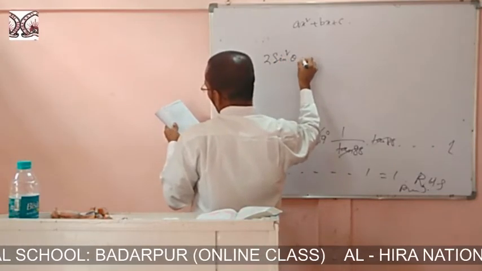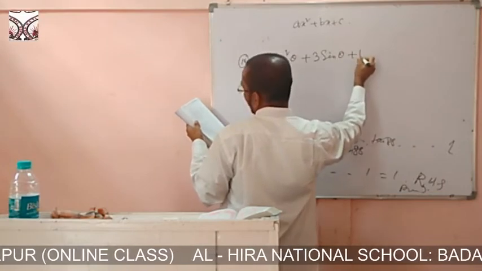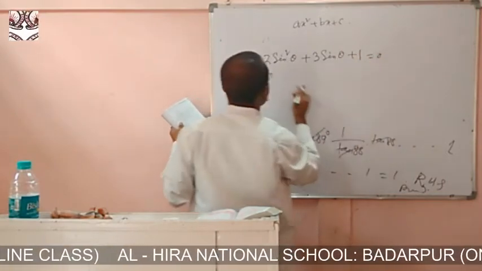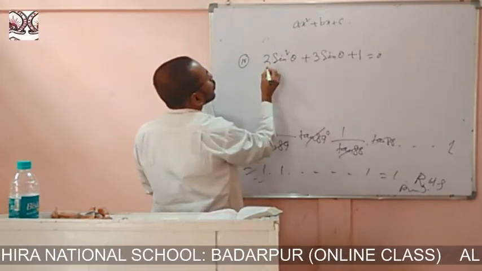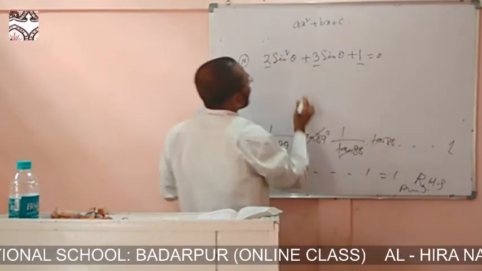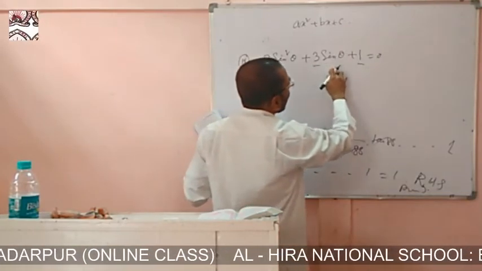sin square theta plus 3 sin theta plus 1 is equal to 0. So in case of A, B, C, this is 2, 3, 1. In place of x, this is sin theta.